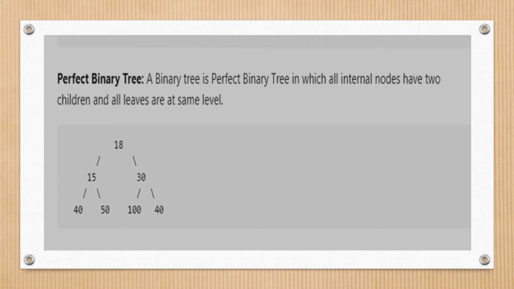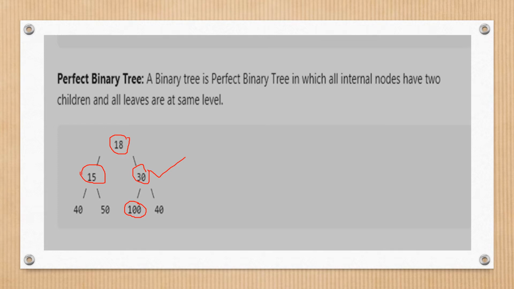All the internal nodes have two children and all the leaves are at the same level. What are the internal nodes? For example, this is one node and this is its child, and this is its child. This is known as an internal node. Here is an internal node.